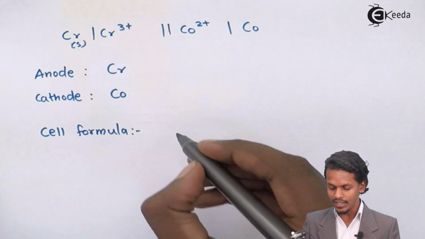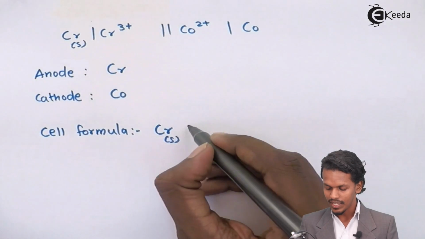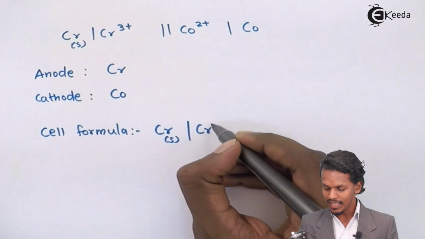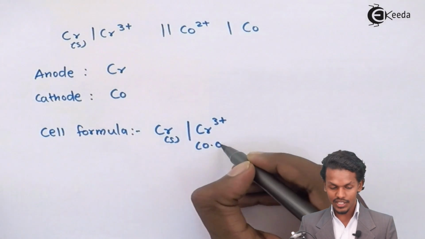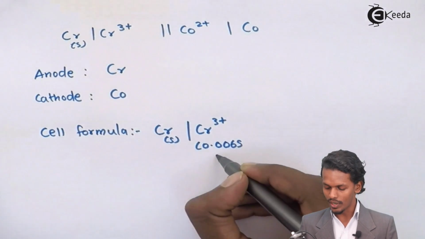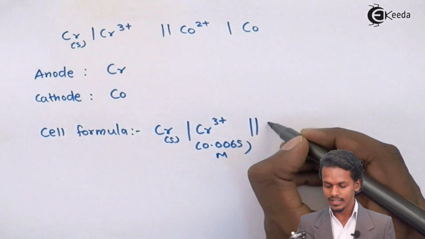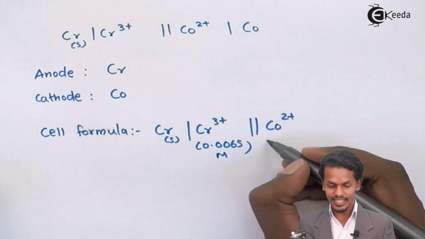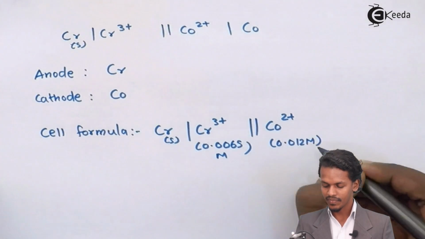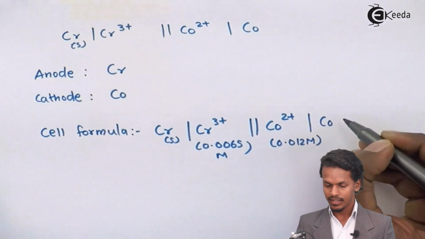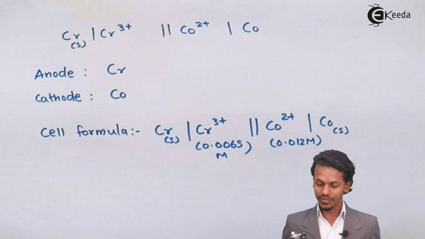The cell formula that has been given is Cr, which is present in solid form, which has been converted into Cr3 plus. The concentration of this is 0.0065 molar. A salt bridge has been used, and Co2 plus, which has a concentration of 0.012 molar, is deposited in the form of Co because this is the cathode section.